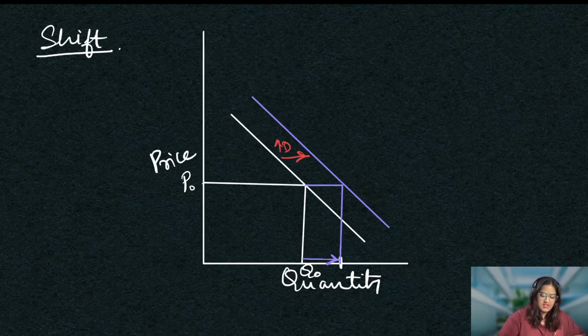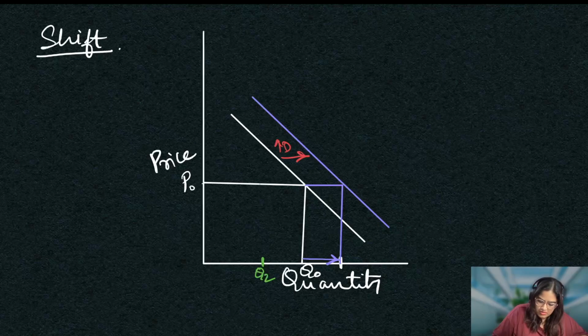In a similar way, suppose your income reduced. When your income reduced, what is happening? You cannot purchase the product as much as you could before, but the price of the product is still the same. So in this case, the quantity you demand has reduced, but the price is still the same.